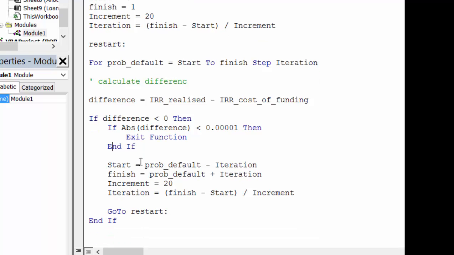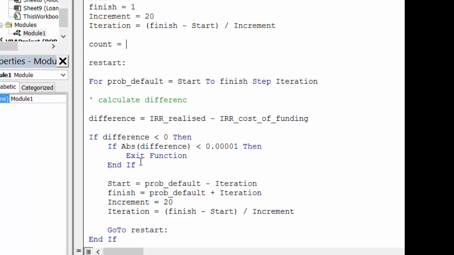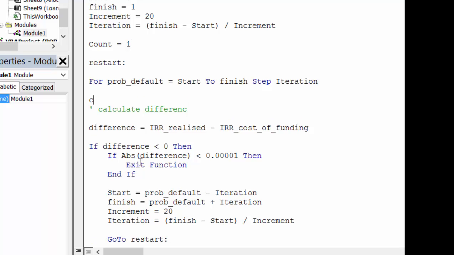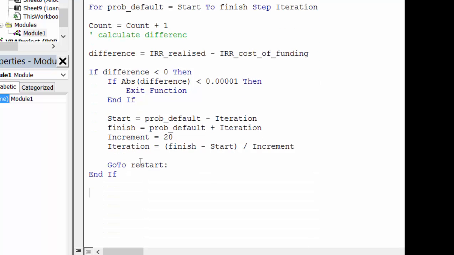Okay, now when you have this, I think it's essential to start with a count equal to 1, because it's very, very easy when you're a bad kind of thinker like me to get into some kind of infinite loop on these.